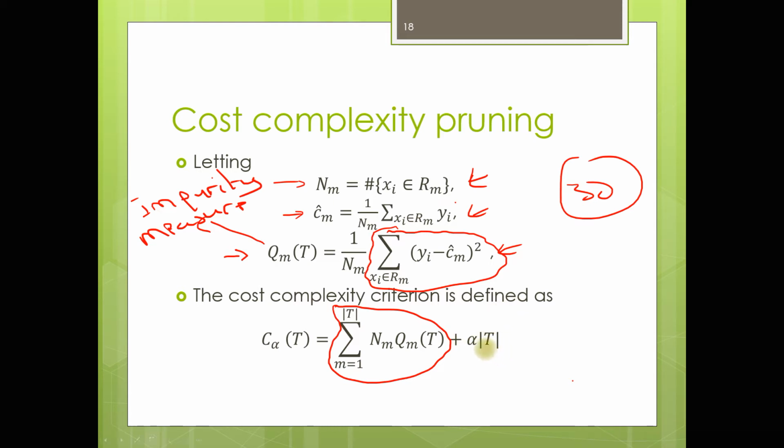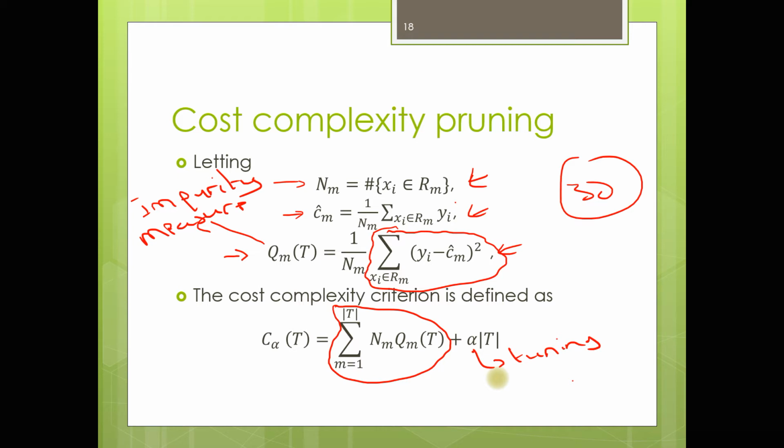And what is this alpha? Alpha is what we refer to as the tuning parameter, also known as the cost complexity parameter. And what does alpha do?